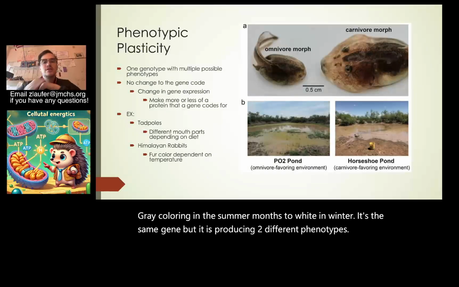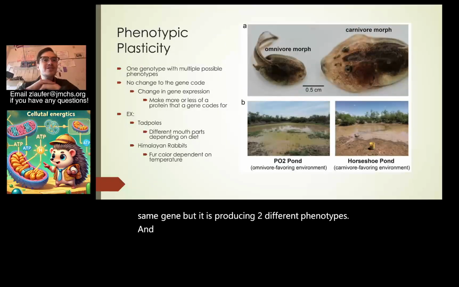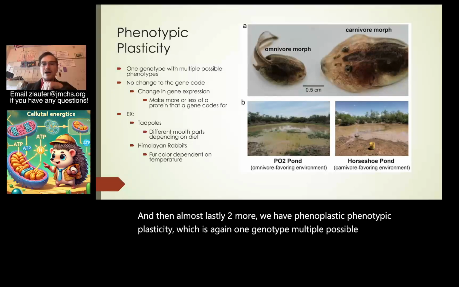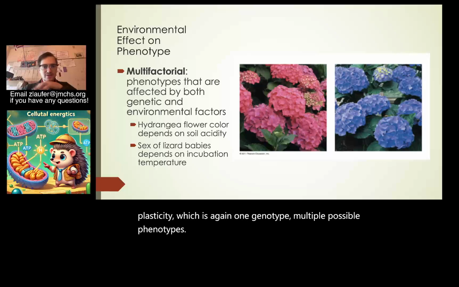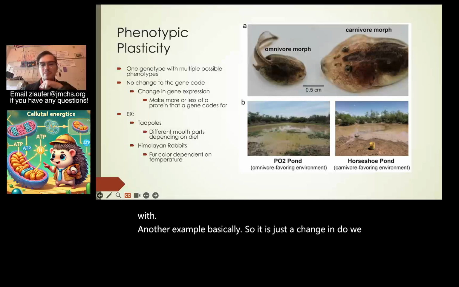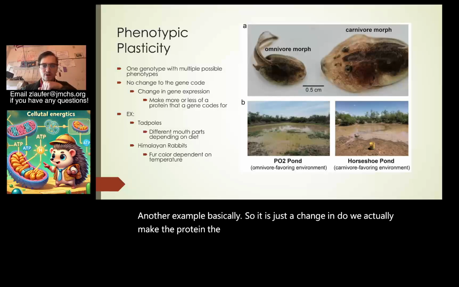And then, almost lastly, two more. We have phenotypic plasticity, which is, again, one genotype, multiple possible phenotypes. This really does relate with environmental effect. This is just another example, basically. So it is just a change in whether we actually make the protein the gene codes for.